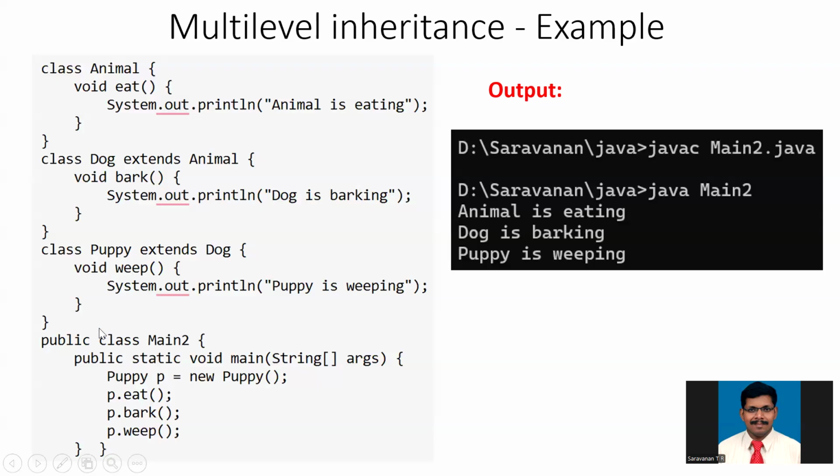Next, we are going to see that here also, can an object created for Animal call bark? No, because an object created for Animal is accessed only within the class Animal. This is the derived class.